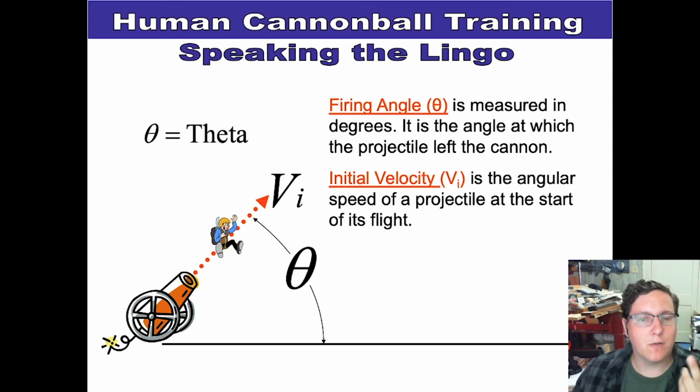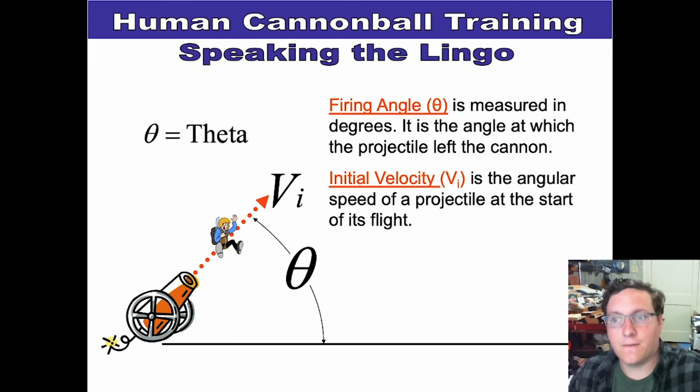So whether it was a bullet or that human cannonball, the speed of that is going to affect how far it actually goes and how long gravity can be influencing it. Now remember, we've got theta, one of the symbols we've gotten used to seeing when we're talking about angles, and we're also seeing the initial velocity, v with a subscript i.